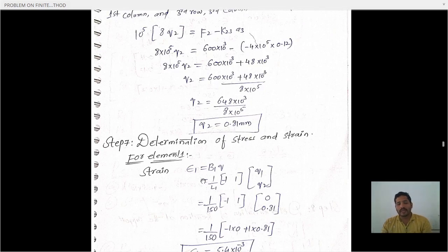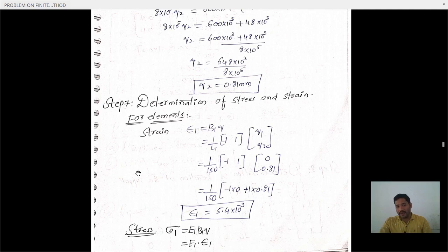So in this one we understood that the Q1 value is 0 because it is fixed, and Q3 is also fixed so Q3 is also 0, and we got the value of Q2 as 0.81. After getting the values of Q1, Q2, Q3, again we have to find the stress as well as the strain for the first element as well as for the second element. How do we find them? Let us see.